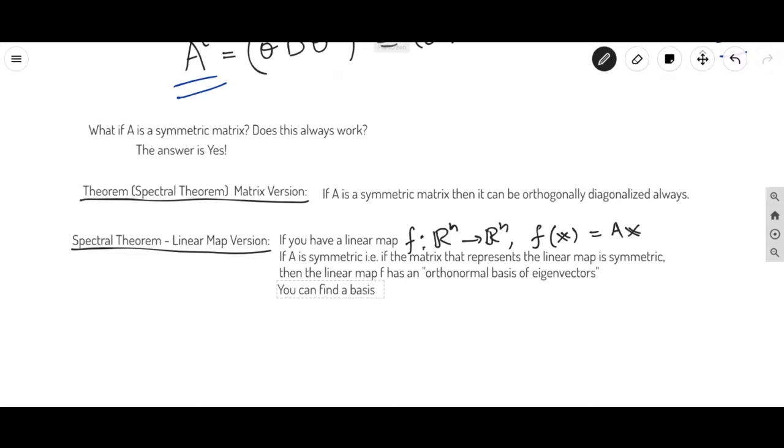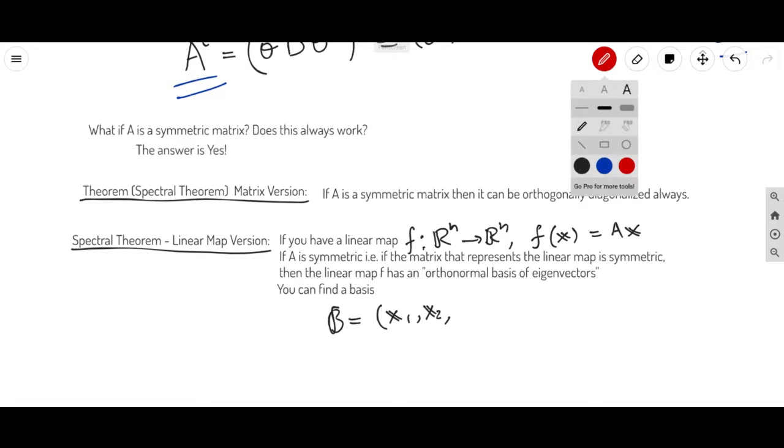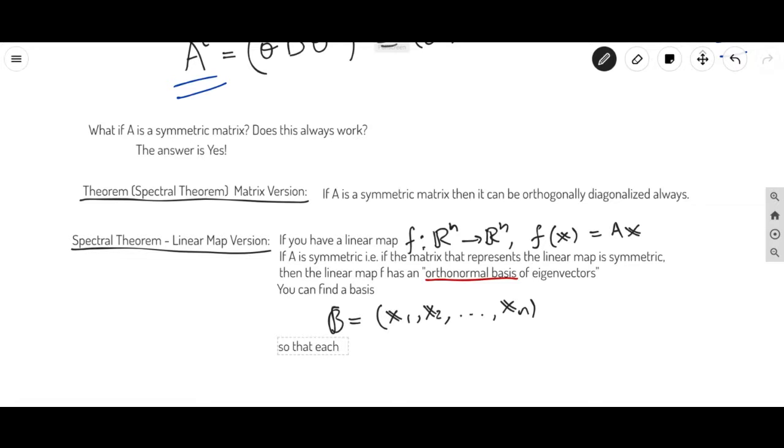B. Actually, there was a homework problem on what it means to be an orthonormal basis, so you can look at that problem again. But it says that you can find an orthonormal basis so that each xi is an eigenvector.